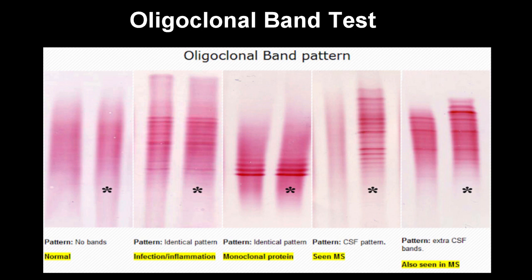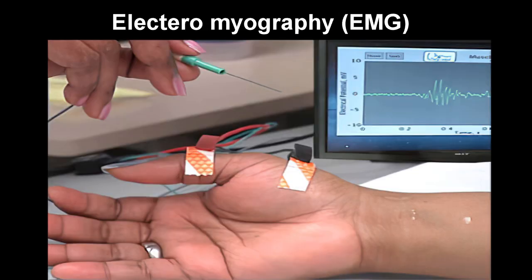Oligoclonal bands are bands of immunoglobulins which may be present in blood serum or CSF in case of multiple sclerosis. The last one is electromyography. It is used to measure the electrical activity of the muscles in response to nerve stimulation. In multiple sclerosis, it will be abnormal.